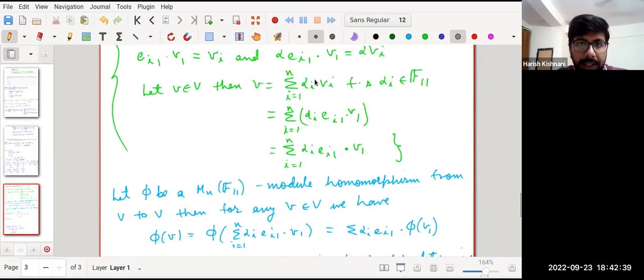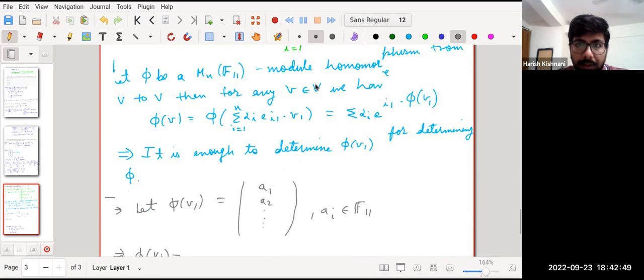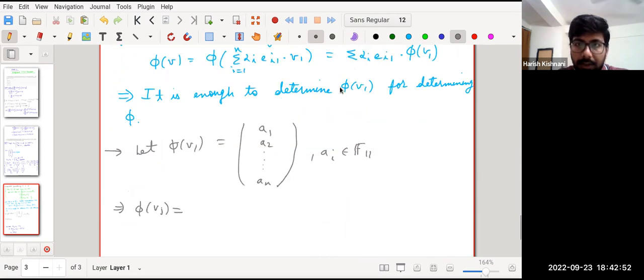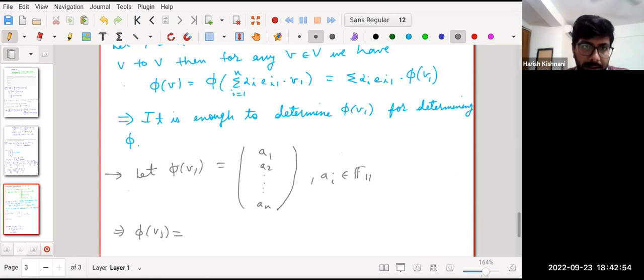So all indices are 0 except the jth index. So you will get from here that only the jth index survives, e j1 dot phi of v1. Okay Shalini, it's a very crucial step. So did you get it?